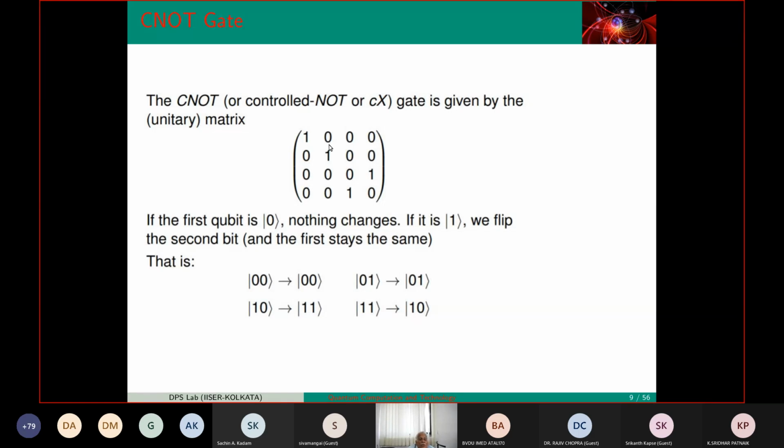And this controlled NOT is composed of this. You can convince yourself, because the first two entries are diagonal, 1, 1, because of which these two are not affected. You can check that because this is 1. What this does is it exchanges 0 to 1. You see this exchange operator, if you remember, I introduced you to 0, 1, 1, 0.